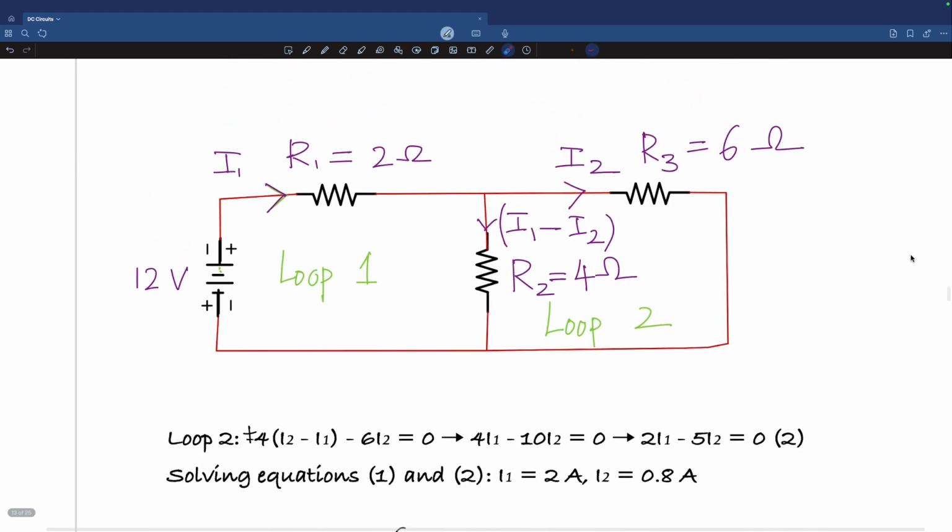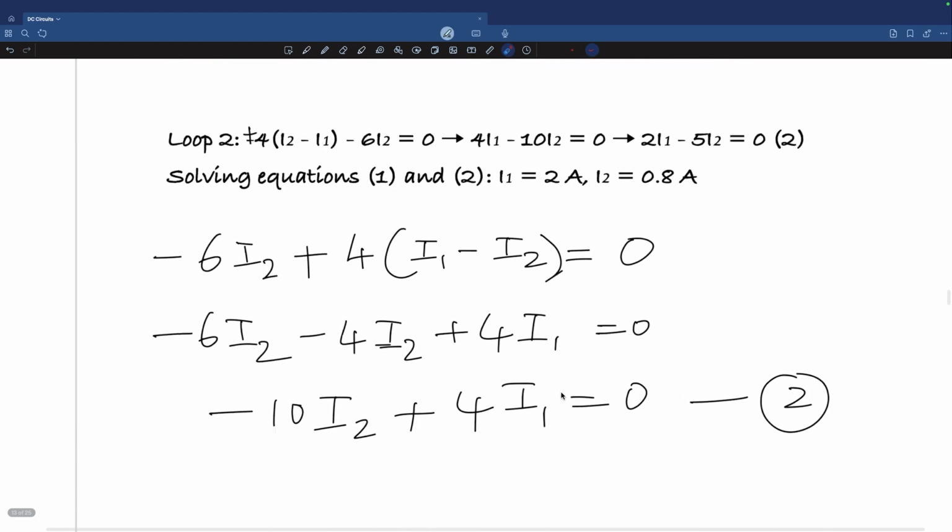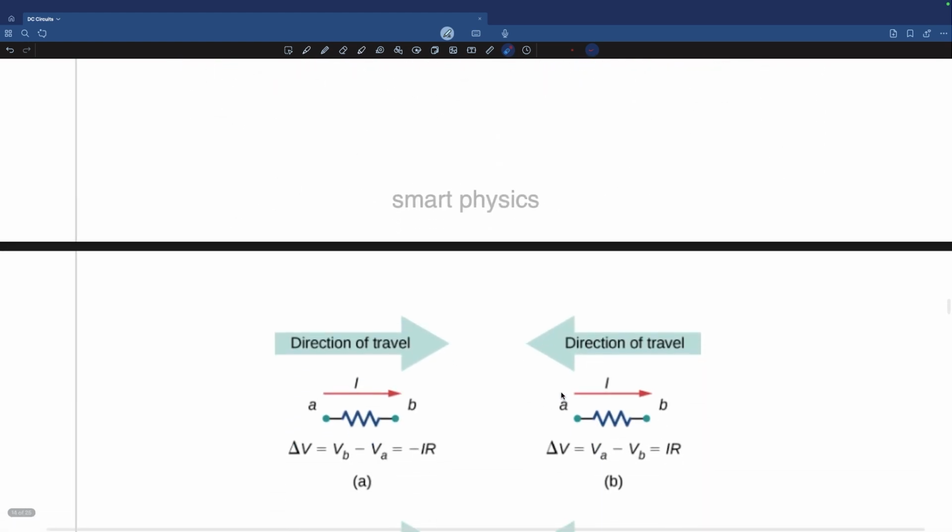So that's a simple example of the application of Kirchhoff's laws. And again, it's going to be on the exam, so you've got to know how to solve this. In this circuit, there are only 3 resistors, but there could be many more, and you should be able to apply it. All right, so those are Kirchhoff's laws and how you apply them.